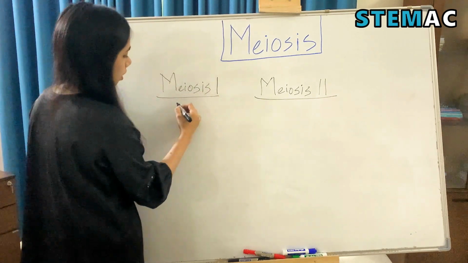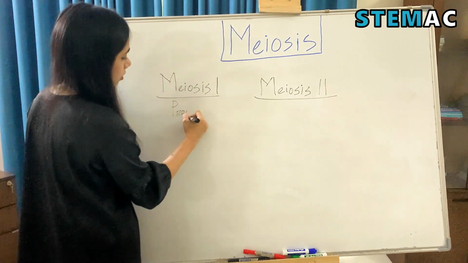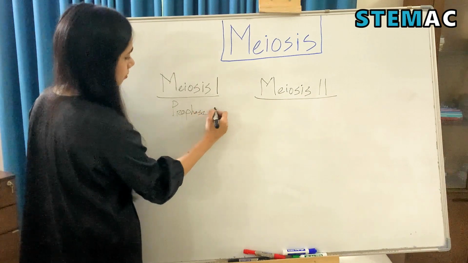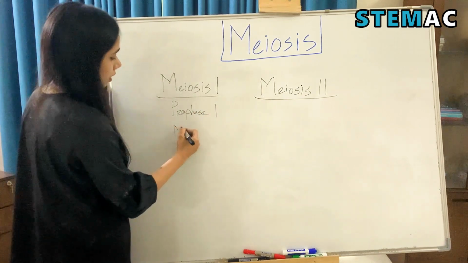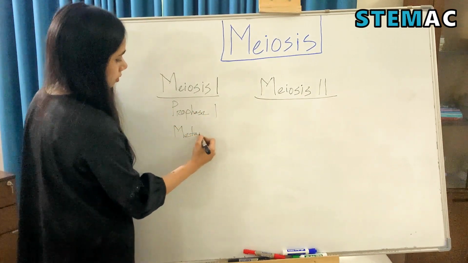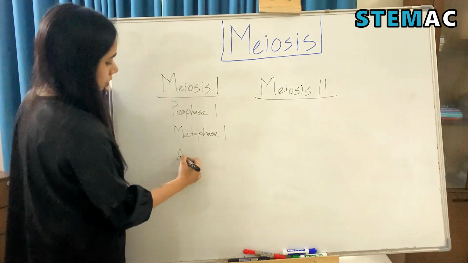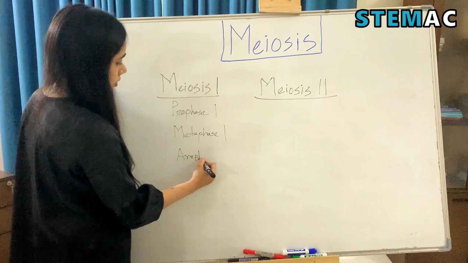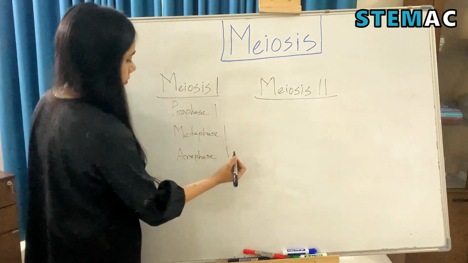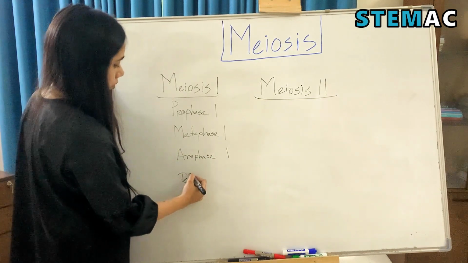So for meiosis 1 we have prophase 1, metaphase 1, anaphase 1, and telophase 1.